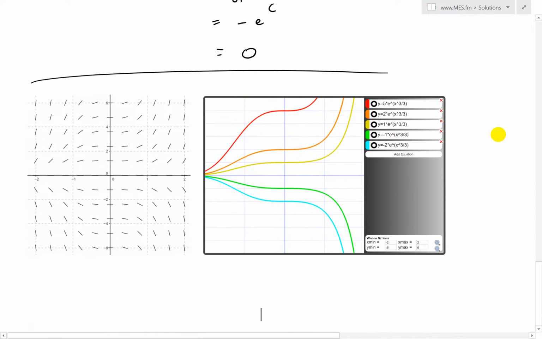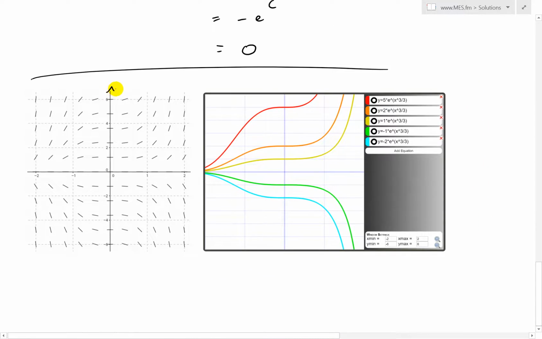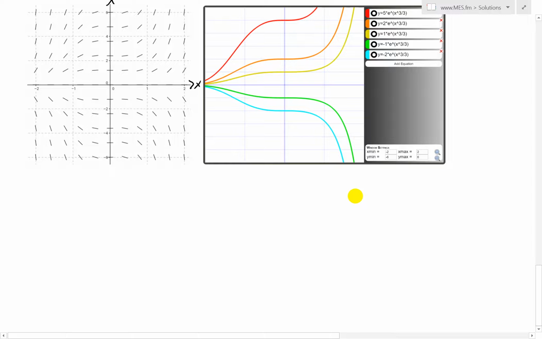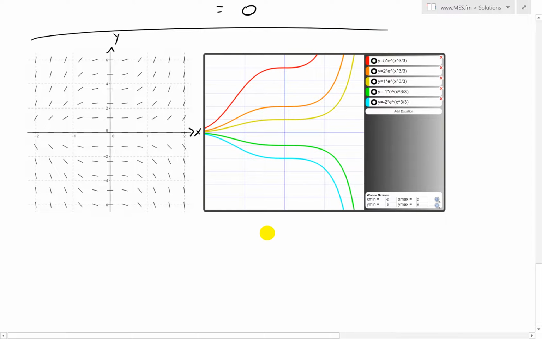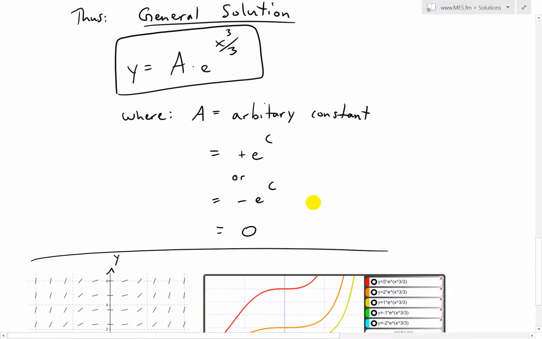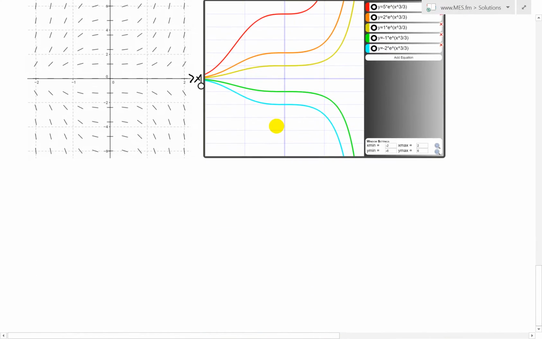And now what we can do is graph the direction field. This is the y-axis, like I did before in my earlier videos. I'll go over the calculators that I used. Basically, this is the direction field for the differential equation. So I'll write this down: direction field.